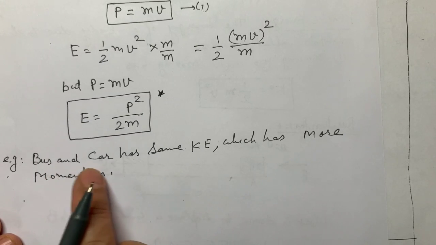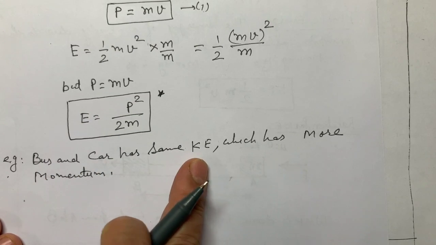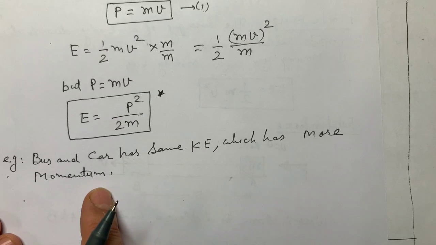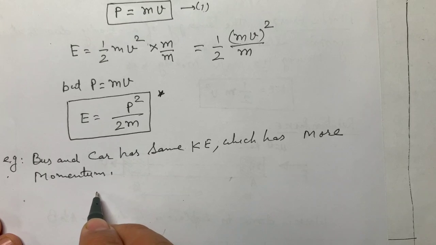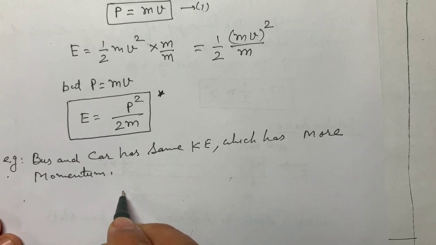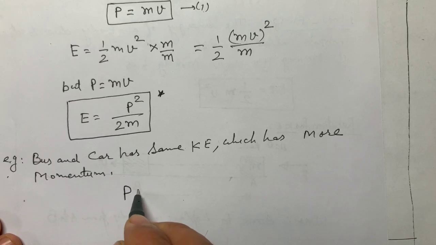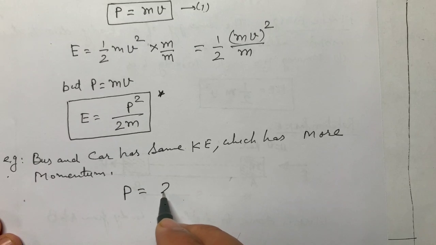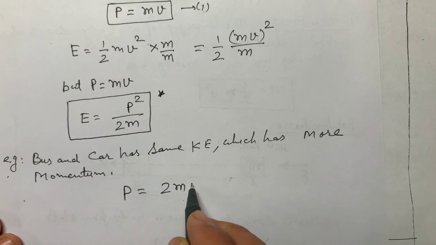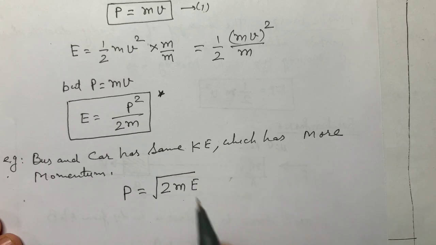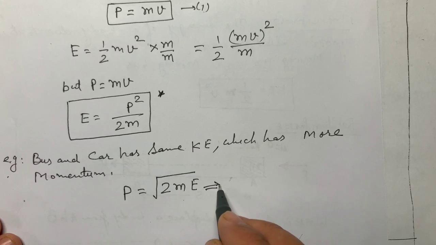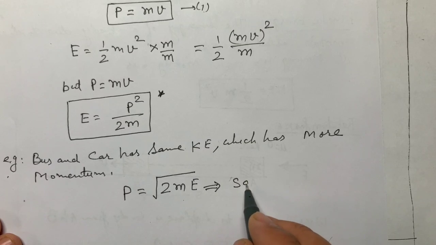Now, in this case, bus and car have the same kinetic energy, which has more momentum, bus or car? From our relation, we can say that p is equal to the root of 2m into E. Now it is very clear that the energy for both is the same, which is the kinetic energy.